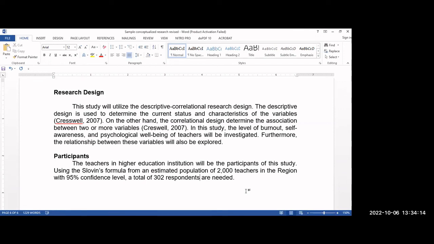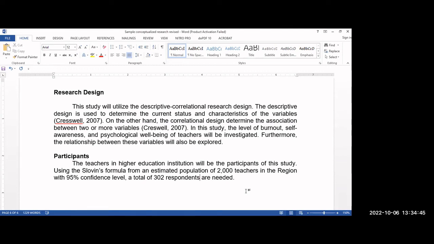You can use published tables kasi usually meron yan siya sa mga literatures na kunyari meron kang 1,000 population, you just need 300 plus. So you just have to cite the author if that is published table. You can use the sample size formula, the Cochran, the Yamane's formula. You can do the power sampling, and then there are actually many ways to measure the sample size.